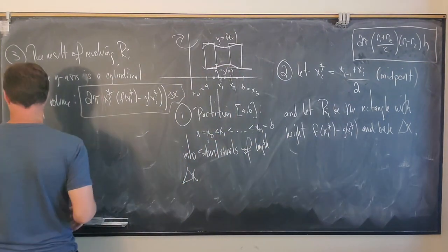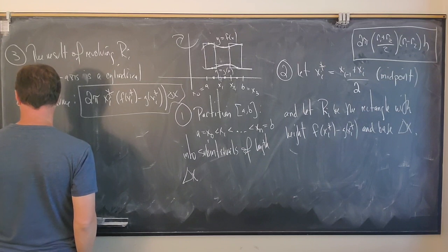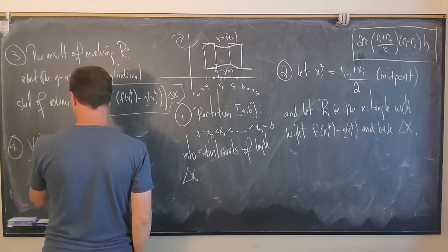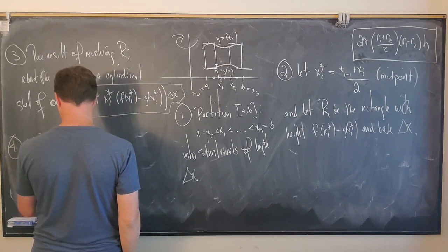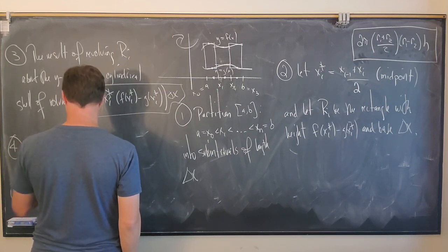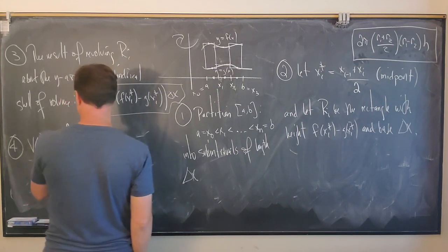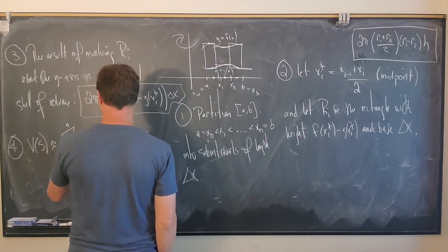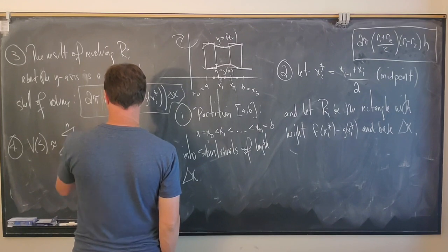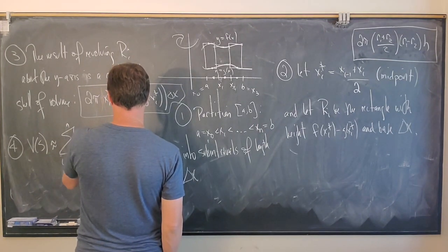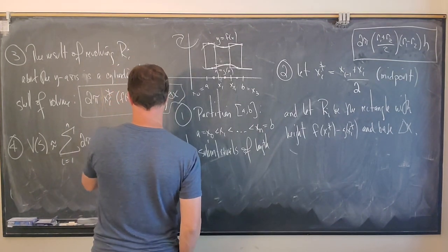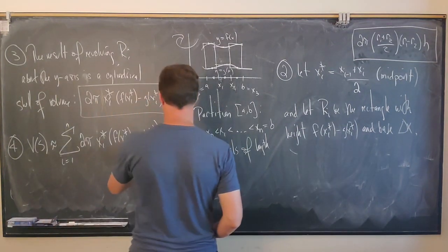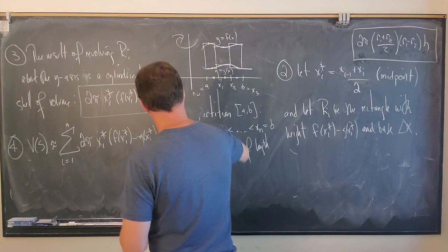So now what we have is that the volume of S is approximately equal to the sum of the volumes of the cylindrical shells. So that'll be the sum from i equals 1 to n of 2 pi times xi star times (f of xi star minus g of xi star) times delta x.